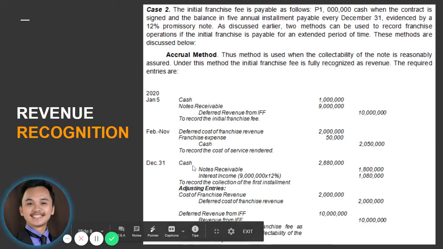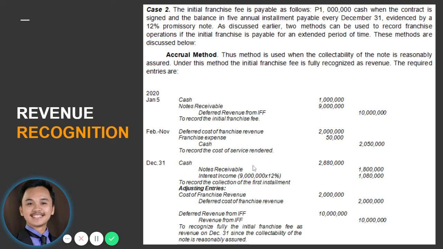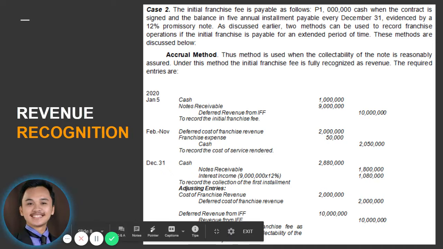So the entity received a total of 2,880,000. So that is from 1/5. As you can see, that's actually from the balance of 9 million. 9 million divided by 5 equal installments. So, every year there is an annual payment by the franchisee to the franchisor of 1.8 million.